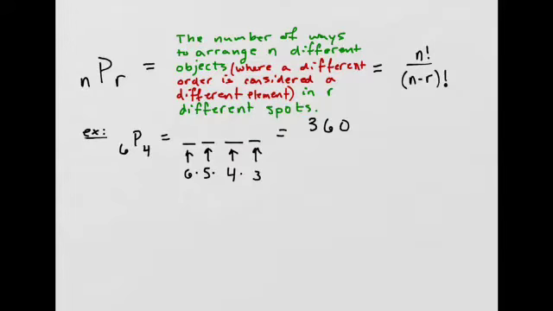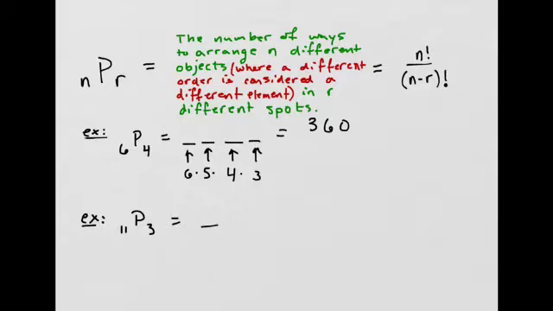I'll do one more example. I think the best thing to do is to start with this and say, oh, there are 4 spaces: 1, 2, 3, 4. And then start from 6 and multiply down until you run out of spaces, okay? 11P3, well, that's going to be 3 spaces.